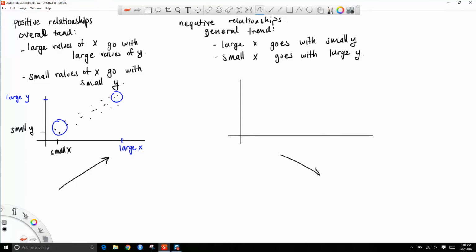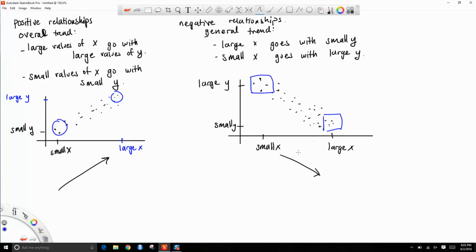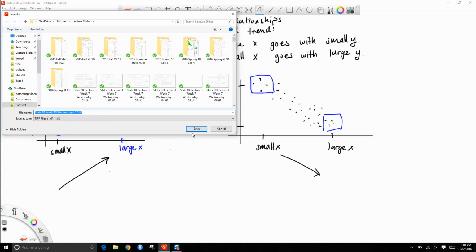And over here you're going to have a trend like this: large x goes with small y, and small x goes with large y. So the overall relationship is something like that. Okay, so you've got positive and you've got negative relationships.